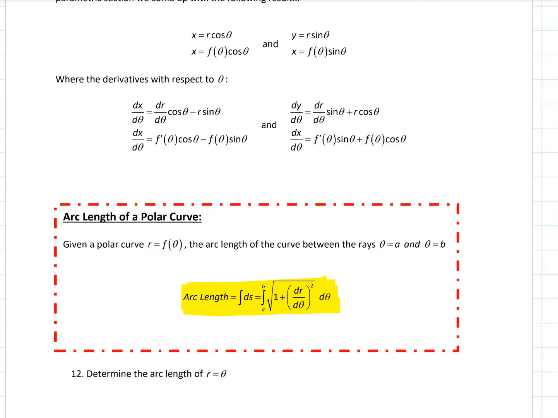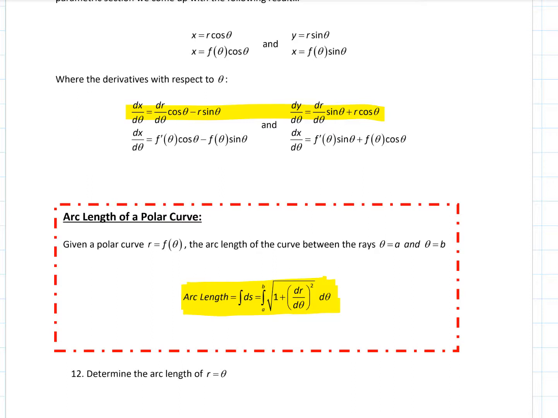We start off with having to square these things and then add them, but then it works out really nicely, and we end up with just the integral from a to b of the square root of 1 plus dr d theta, the derivative of the curve with respect to theta, squared, d theta.